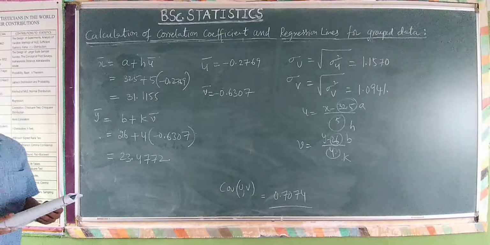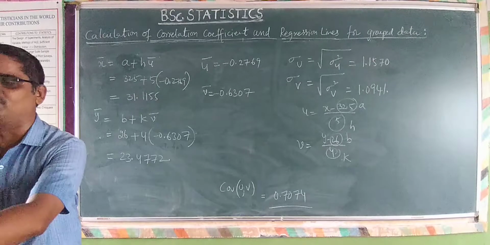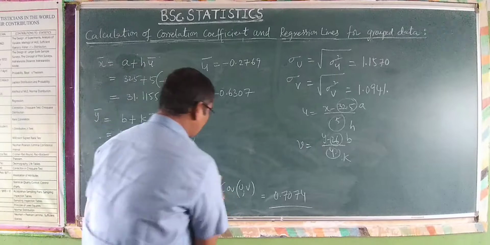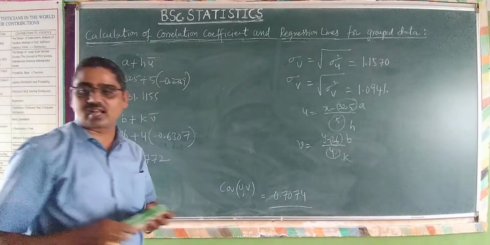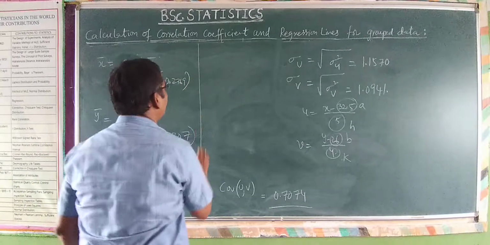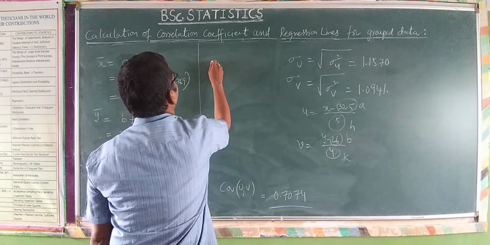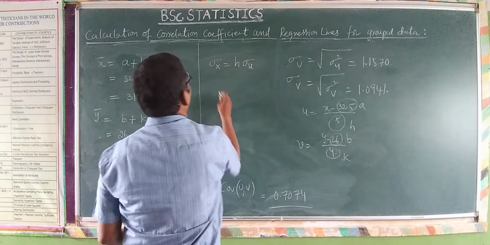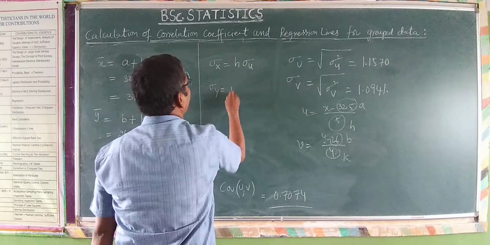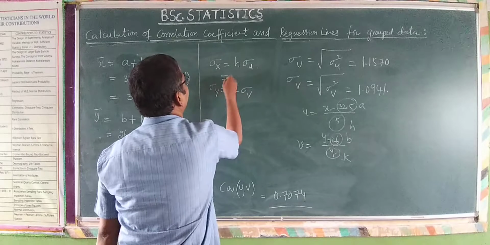And then what do you have to calculate? Sigma x and sigma y, which are very simple. For these, sigma x is equal to h into sigma u, and sigma y is equal to k into sigma v. These are the two formulas you have.